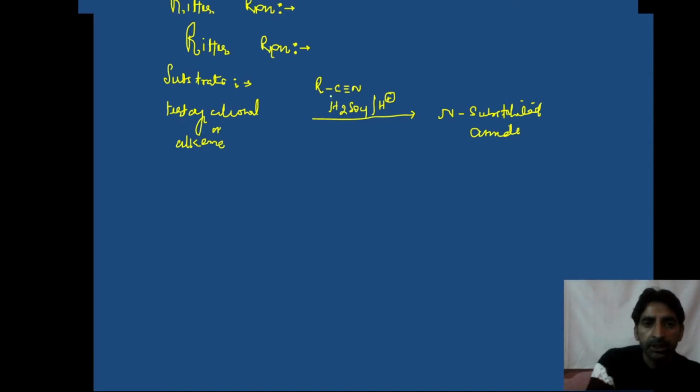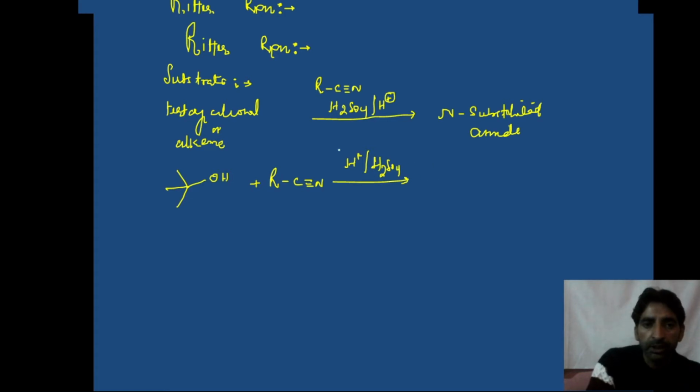Now let us discuss the mechanism of the reaction. First we have a tertiary alcohol. This tertiary alcohol is treated with RCN, an alkyl nitrile, in acidic medium, that's in presence of H+, a proton source obtained from sulfuric acid.